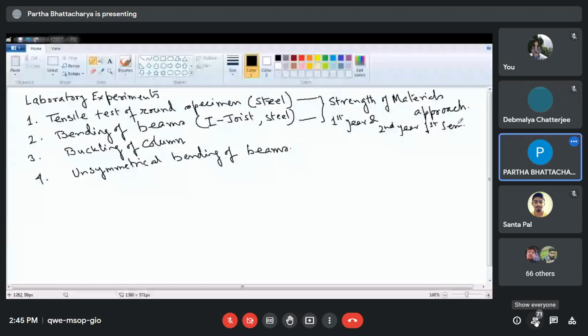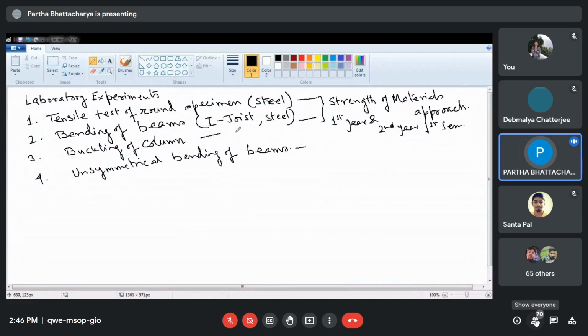Okay, thank you. For these 2 tests, the basic theory is already taught in your earlier classes, so I won't get into the details of the theory of these 2 tests. But the problem will be with buckling of column and unsymmetrical bending of beams.